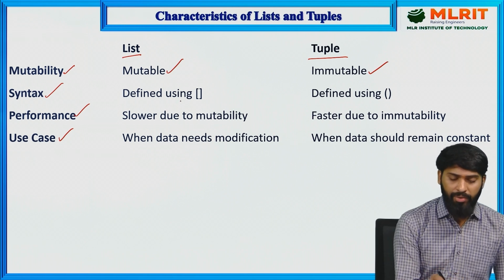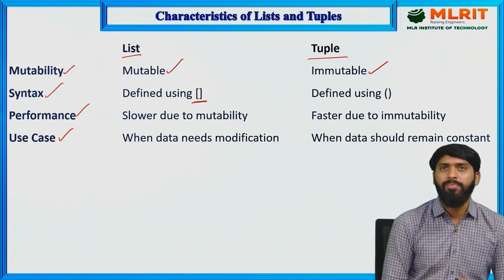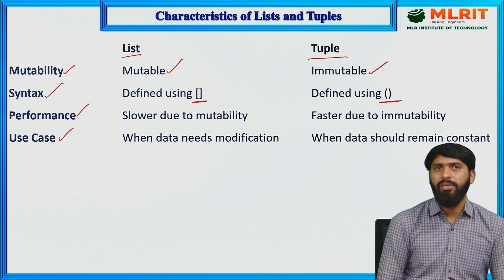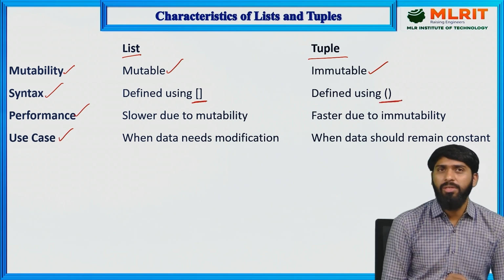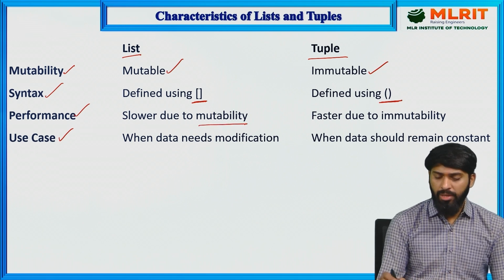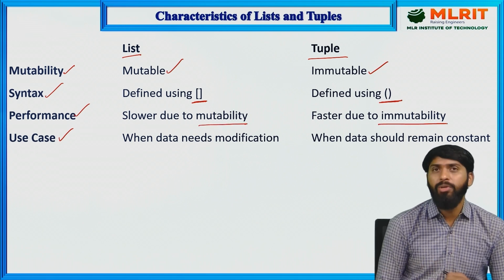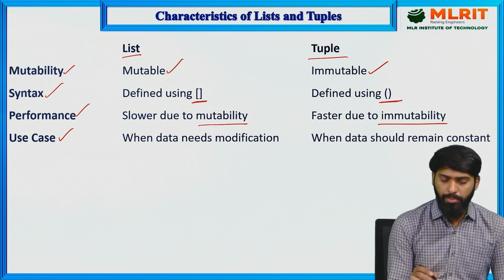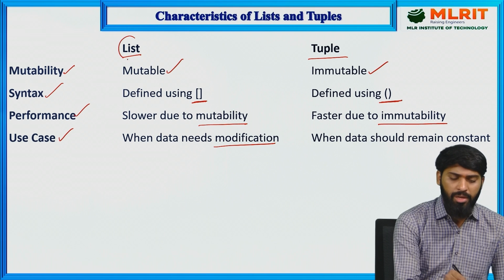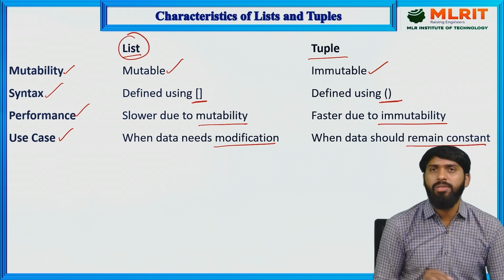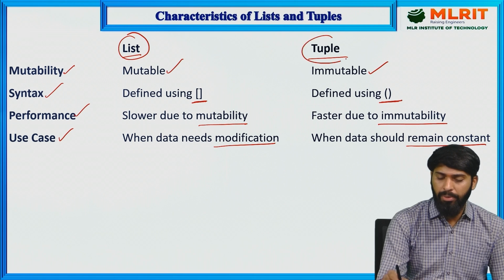A list is defined with square brackets, a tuple with normal brackets. Performance is slower in a list due to mutability, and faster in a tuple due to immutability. Use cases: when data needs modification, we use a list. When data should remain constant, we use a tuple.